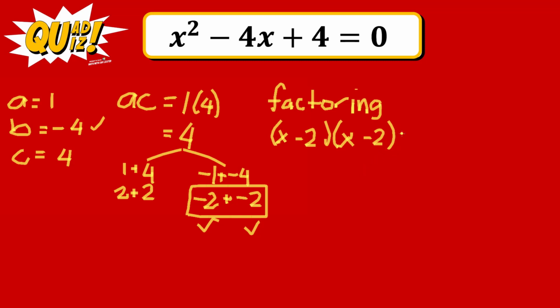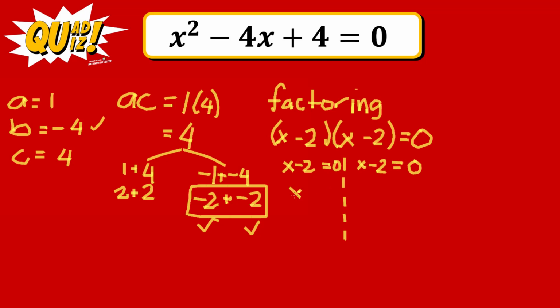So let's move further. Of course, we're looking for roots. Let's equate this to 0. Once we equate that to 0, we can use here the zero factor property or the zero product property, which tells us that the entire expression, the product of these two factors, will be equal to 0 if one factor or both of them are equal to 0. Of course, you could say that when two numbers are multiplied, they will get 0, so it could be one of the two numbers is 0 or both of them are 0.